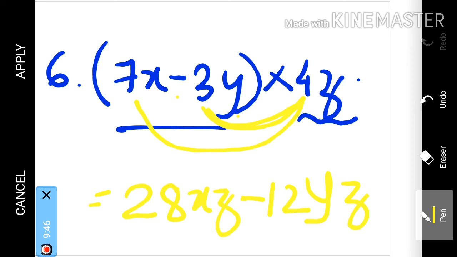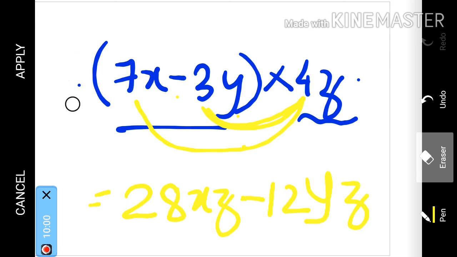Now, a binomial with a binomial. That means two terms together multiplying with another two terms.